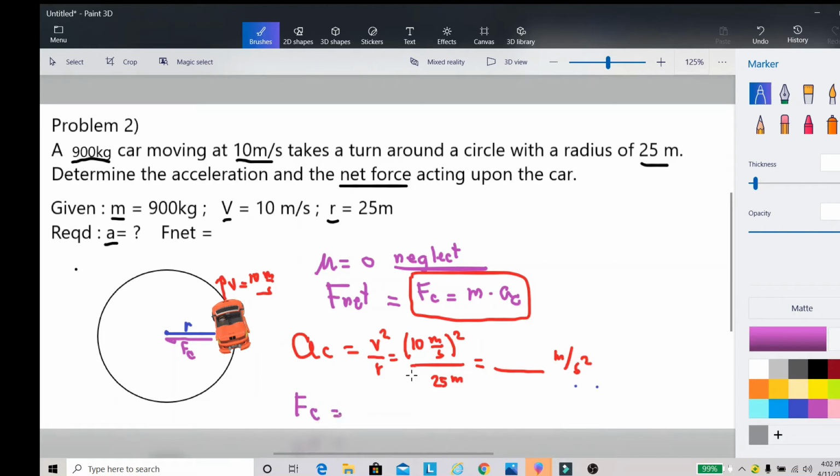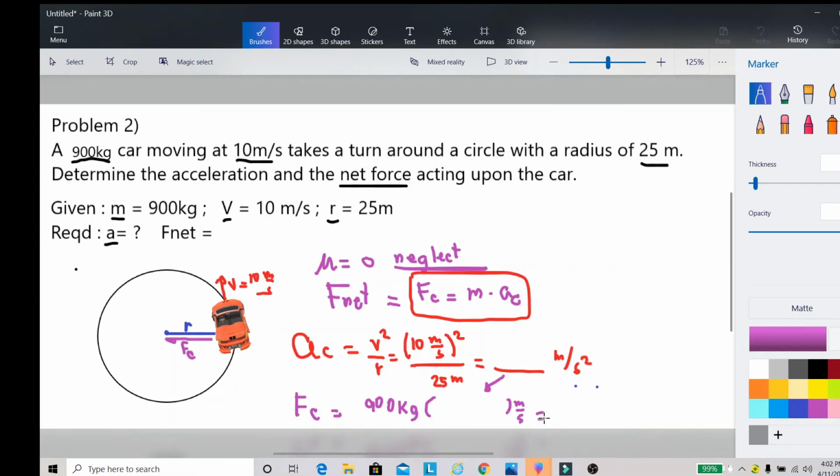F sub C is equal to, what is the mass? The mass is 900 kilogram, and that will be multiplied by whatever is this one, which will be in meter per second squared.